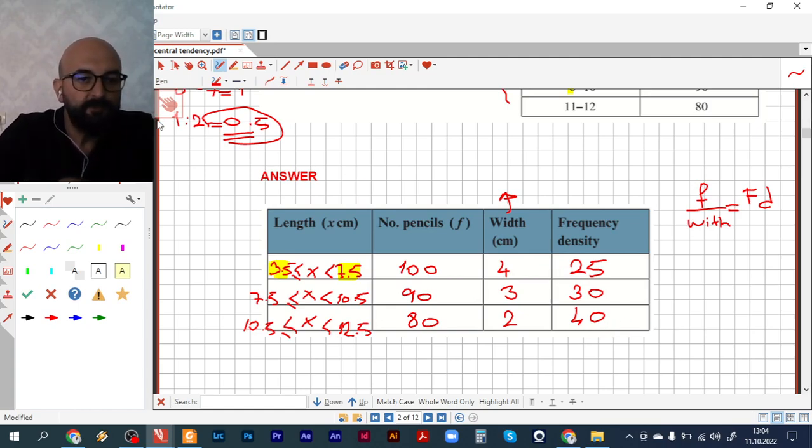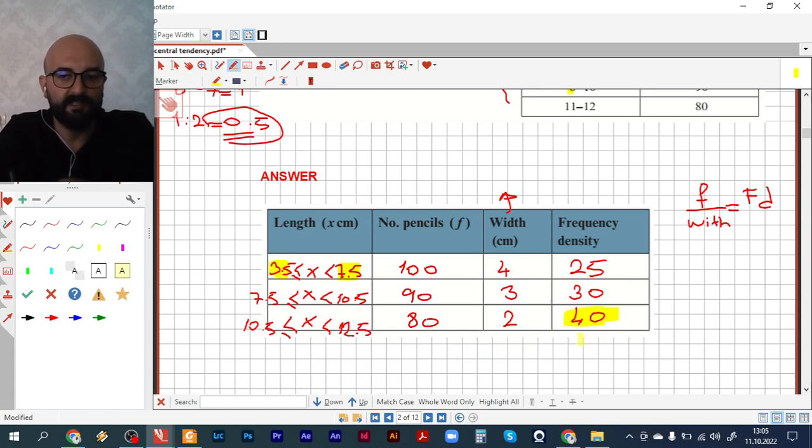And if you want to decide which data is the modal class in this question, you should choose the last class, because the last class frequency density is higher than the others.